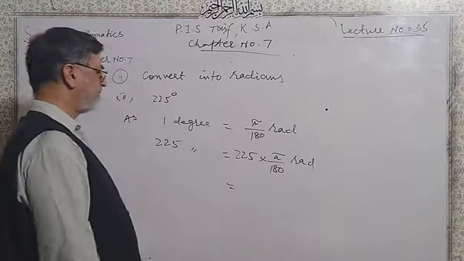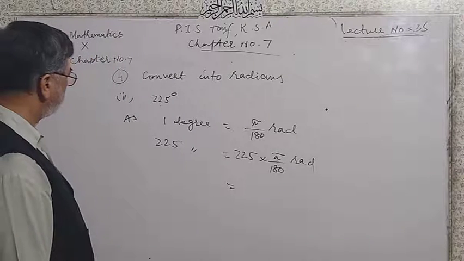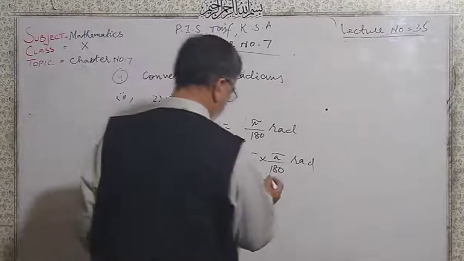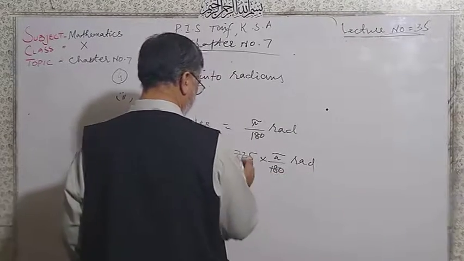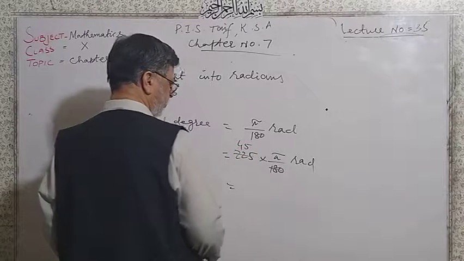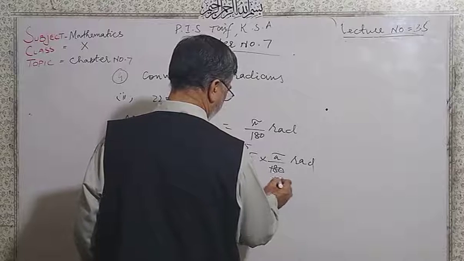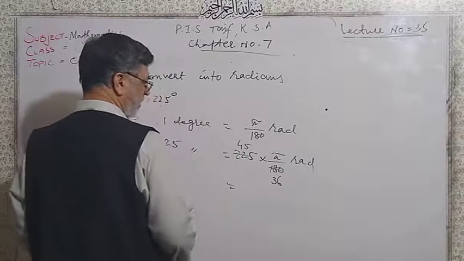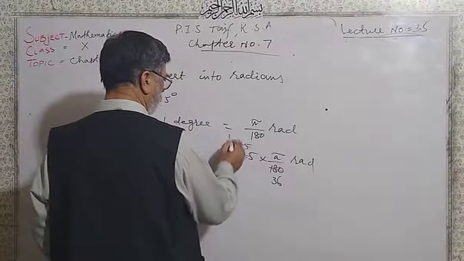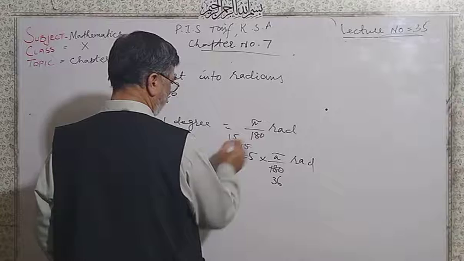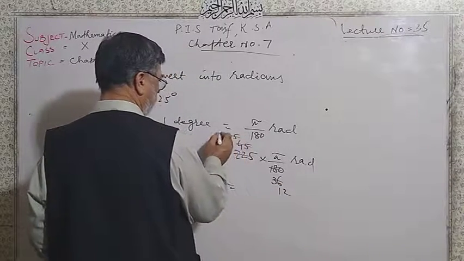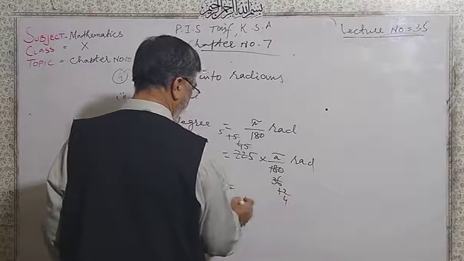Now we can divide 225 by 5, that gives 45, and 180 by 5 gives 36. Then again divide by 9, 45 gives 5 and 36 gives 4.